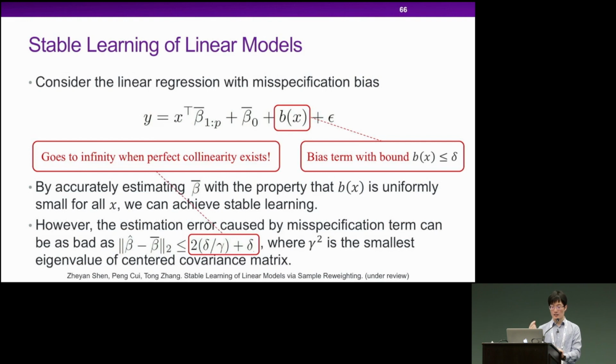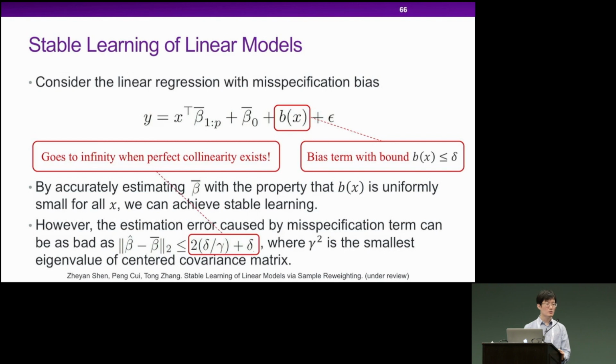When the smallest eigenvalue is very small, there exists very strong collinearity in the input variables, and when there is perfect collinearity, the estimation error will go to infinity. In this sense, collinearity is the main cause of instability in this kind of problem setting.